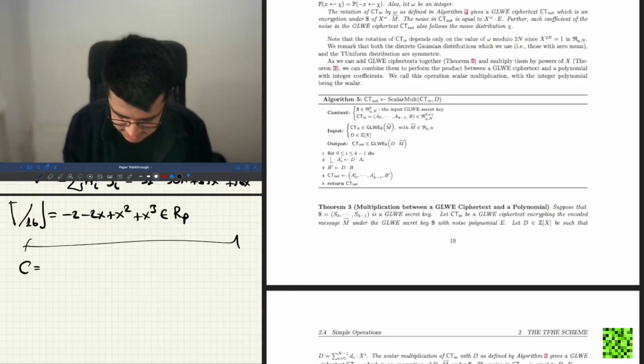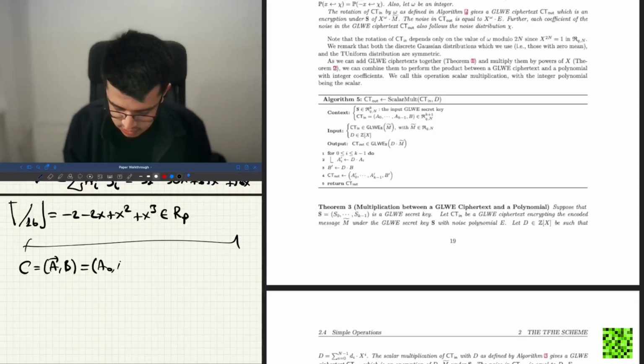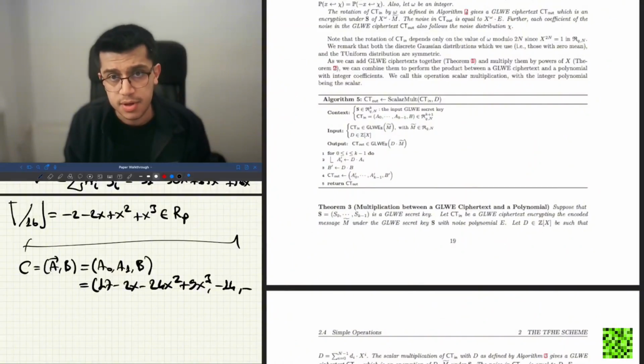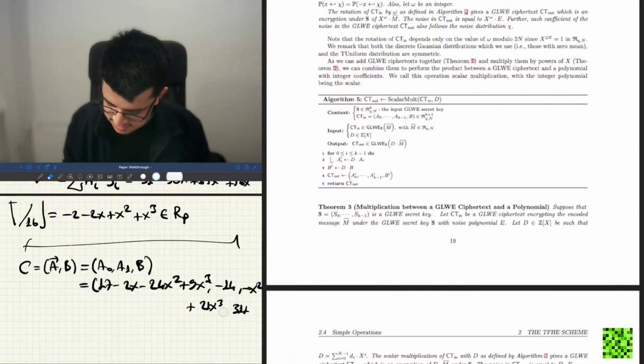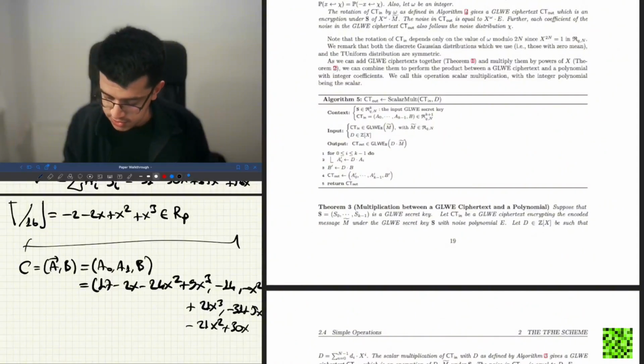We still have c equal to (a, b), this is a vector, a0, a1, b, and let's make it equal to the same value: 16 minus 2x minus 24x squared plus 9x cubed, comma, minus 14 minus x squared plus 21x cubed, comma, minus 31 plus 5x minus 21x squared plus 30x cubed, and this is obviously from R_Q.